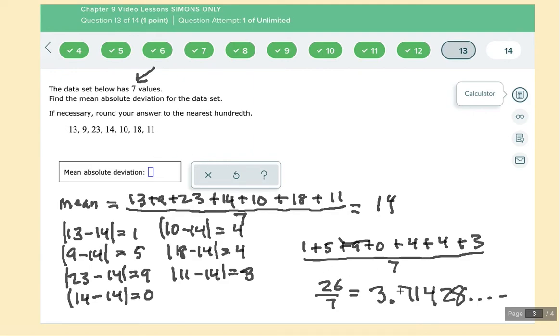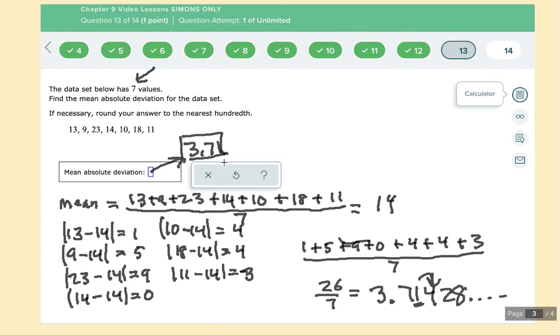Rounding to the nearest hundredth, this is where we want to stop. You look to the next digit to tell you, do I round up or keep it where it is? Well, it's a 4. 4 is less than 5. That tells us to keep it where it is. So my mean absolute deviation is 3.71, which is the average distance each number is away from the average.